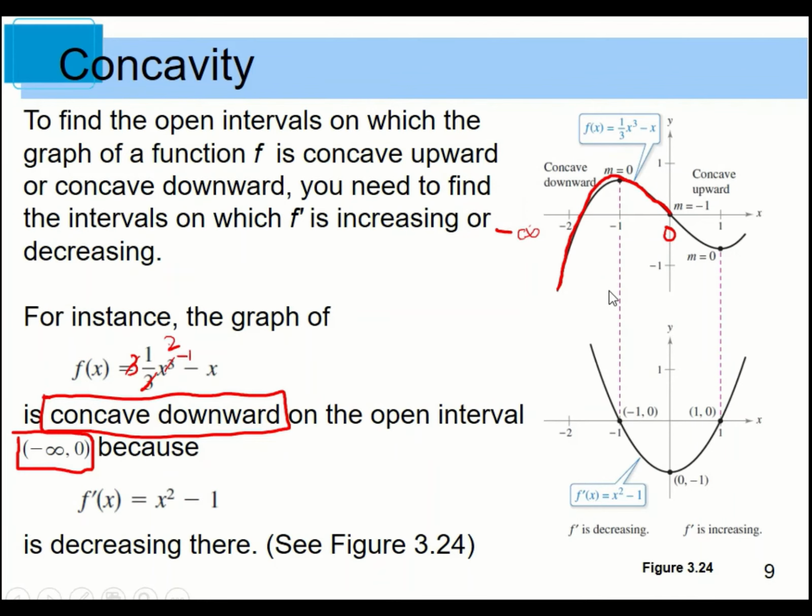On the other hand, let's consider where the graph is concave upward. For this graph, the graph is concave upward from 0 to infinity. If we compare this graph with the graph of f prime, we can see that when f prime is increasing, the curve is concave upward.